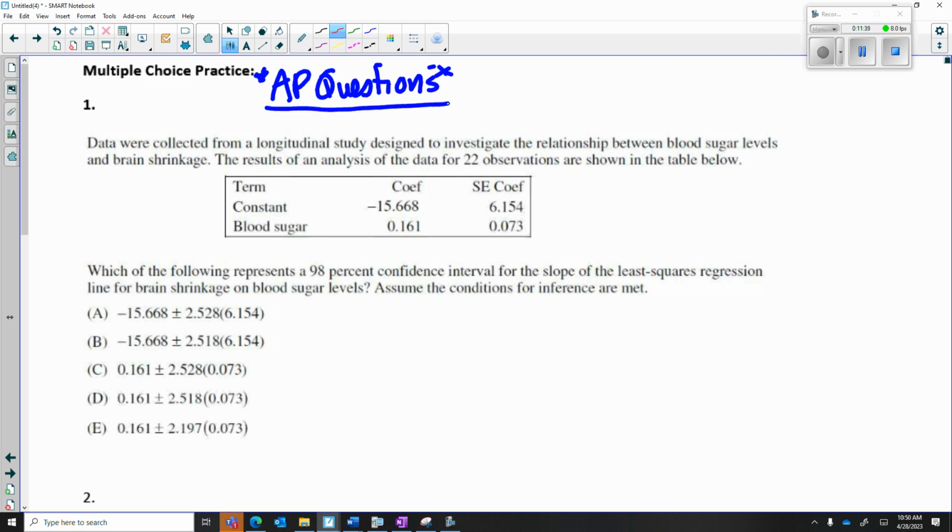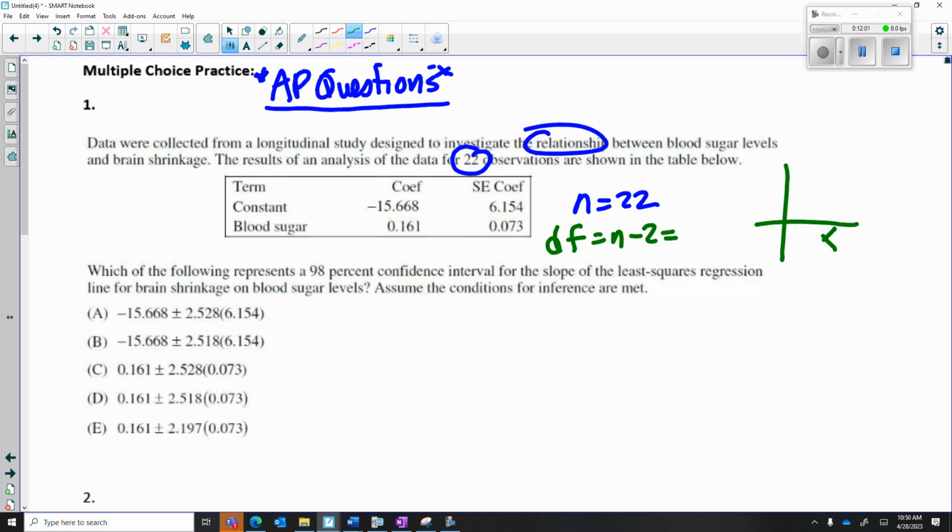So it says data were collected on a longitudinal study designed to investigate the relationship between blood sugar levels and brain shrinkage. I'm guessing these are two quantitative variables. It says we're going to do a sample of 22, so that's n. So right away, I want you to write degrees of freedom is n minus 2 here, because this is two quantitative variables, x and y.